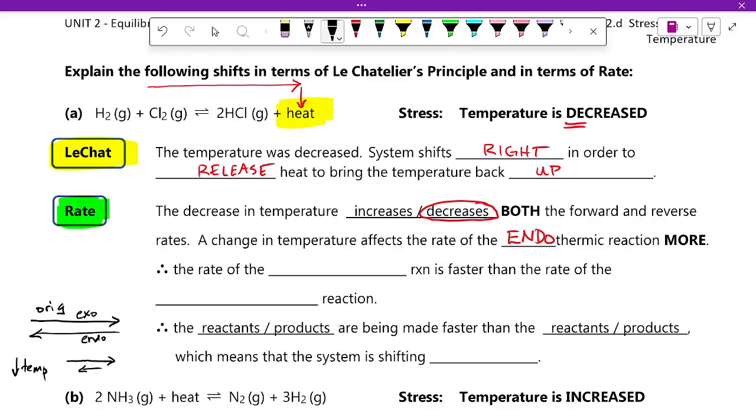So what that does is it makes the forward exo rate faster than the reverse endo rate.